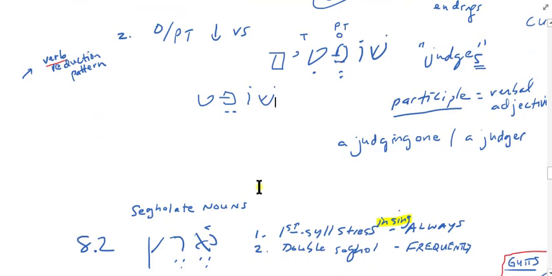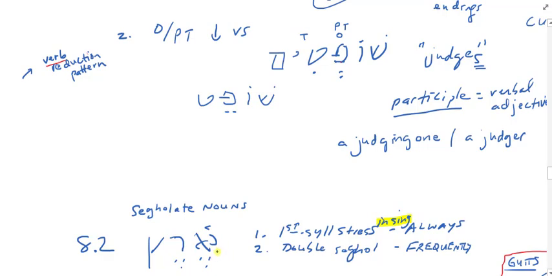Now, let's talk about 8.2 in the Ross textbook. He introduces us to a kind of noun called the Segholate noun. What vowel do you think of when you hear the word Segholate? Seghol, that's right. And the Seghol is that vowel that looks like the 3 dots, okay?